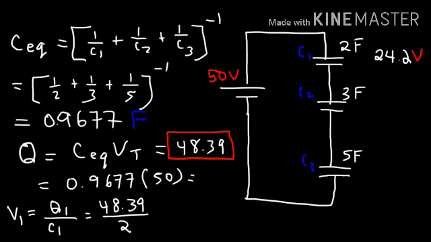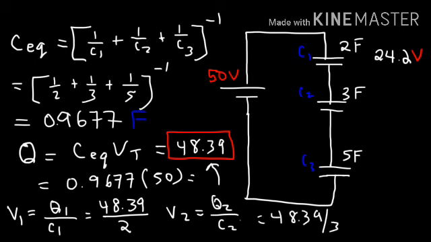Now to find the voltage across C2, it's going to be Q2 divided by C2. Q1 and Q2 are both equal to Q. So it's going to be 48.39 divided by 3, and that is equal to 16.1.